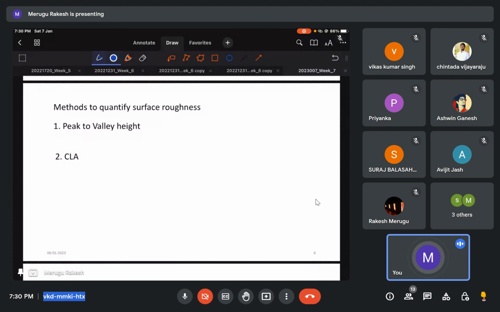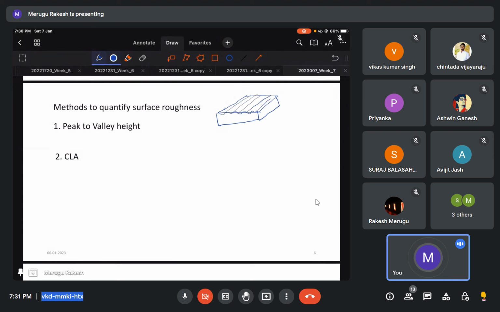So now let us come to the main part that I am discussing, that is the methods to quantify this surface roughness. One is the peak to valley height. Before that, the general observation of a surface is that when you observe any surface, not microscopically, it looks flat and smooth, but when you see it at the microscopic level, we always end up with this type of profile.